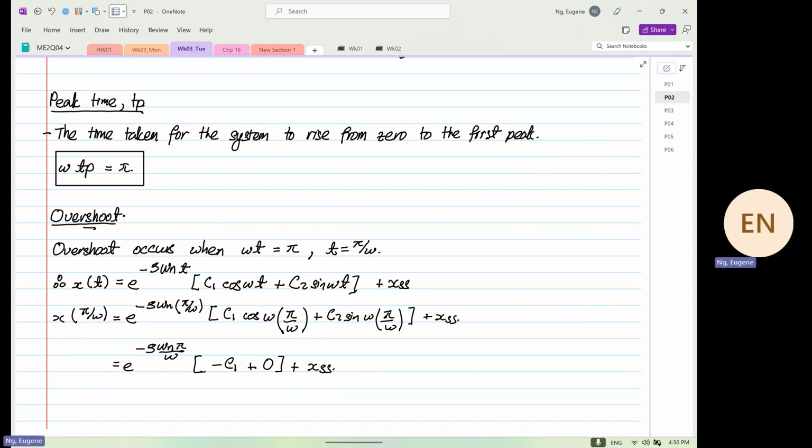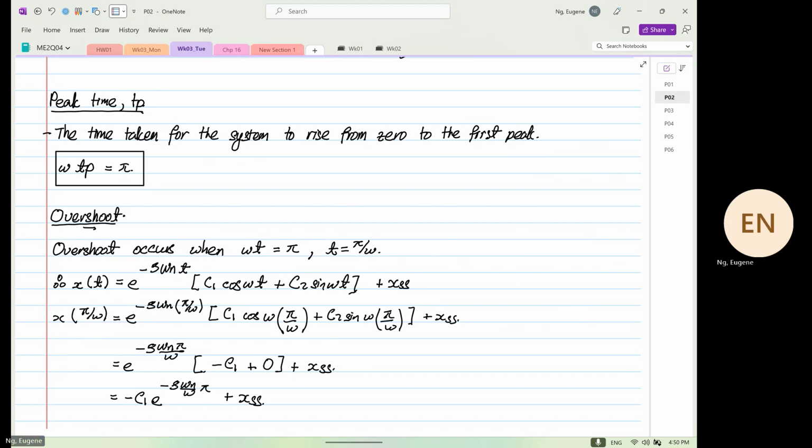So we know that this expression will be equal to minus C1 E minus zeta omega n over omega pi plus XSS.